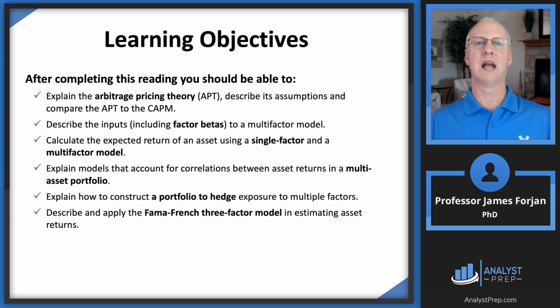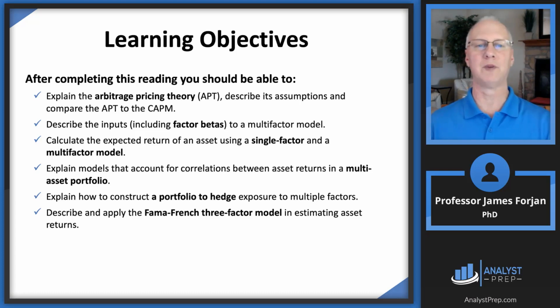It tells us a lot about systematic risk and sensitivities, but this model relies on just one factor. Is it possible that there are multiple factors out there that affect financial asset returns? So this chapter could be called, yes, this is the next logical step from the single factor capital asset pricing model to multiple factors. So let's look at the learning objectives here.